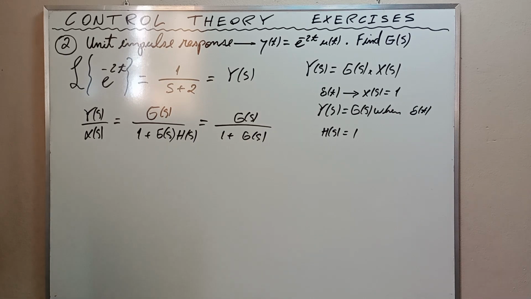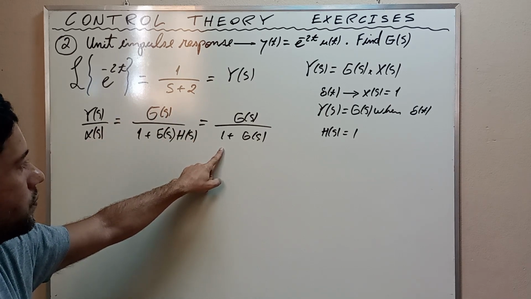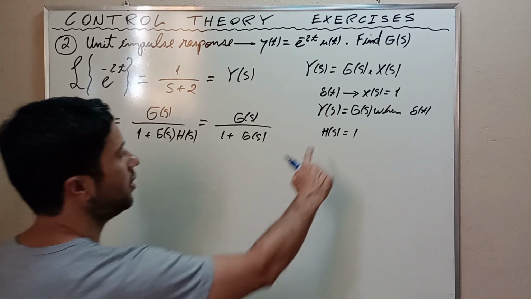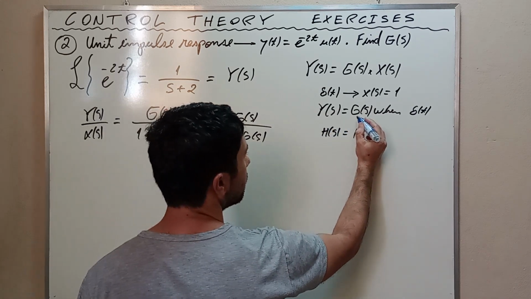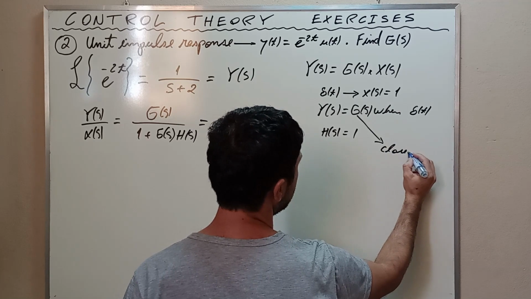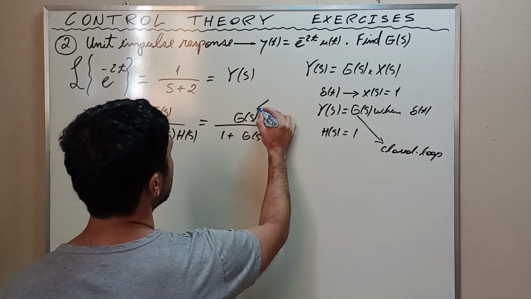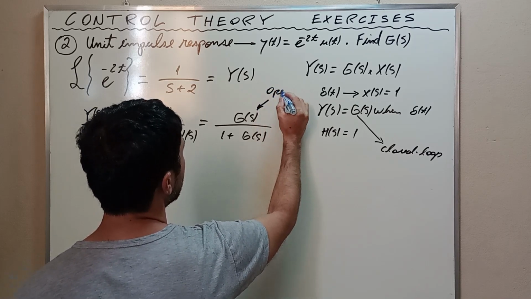As a consequence, this has to be equal to this. This here is closed loop, and this here is open loop.